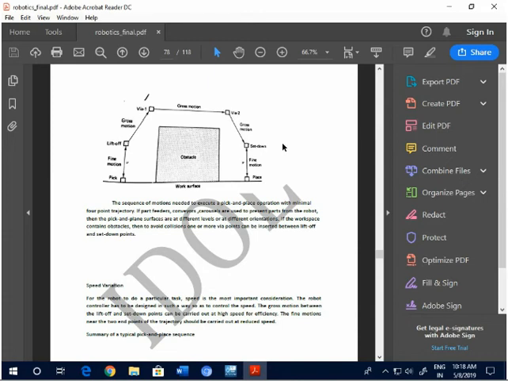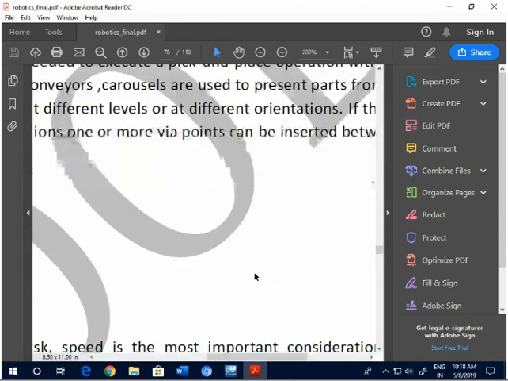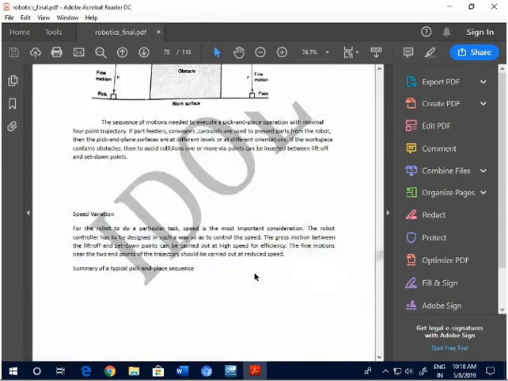Okay, so it is the locus of all the points P which are reachable in R3 by the tool tip, or it is the curve in the 6th dimension of the tool space. Okay, so this is how your workspace is defined.